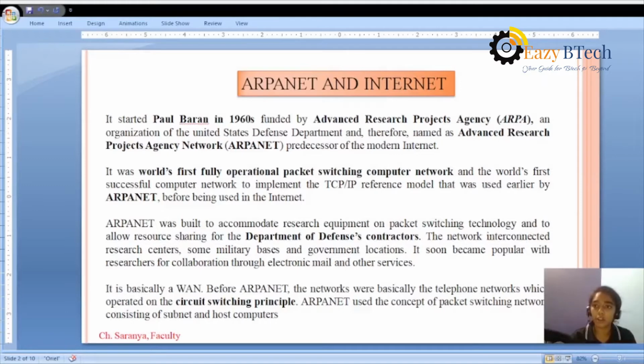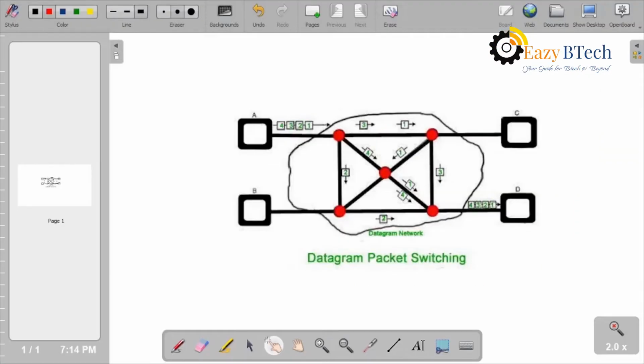I will show a diagram of how data is transmitted from one computer to another computer in the network using packet switching. This is the diagram. Look at it.